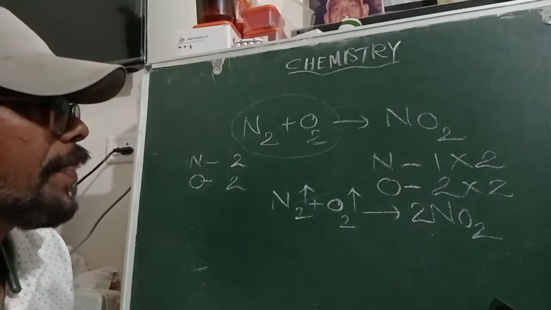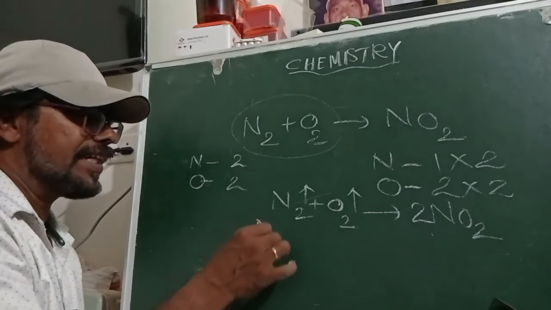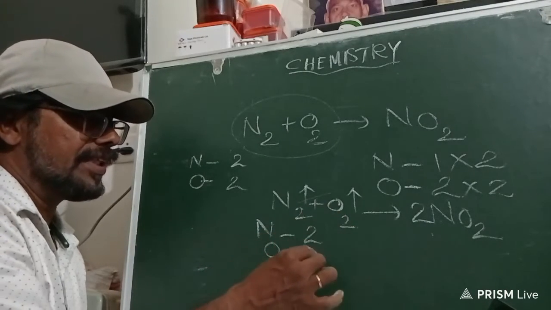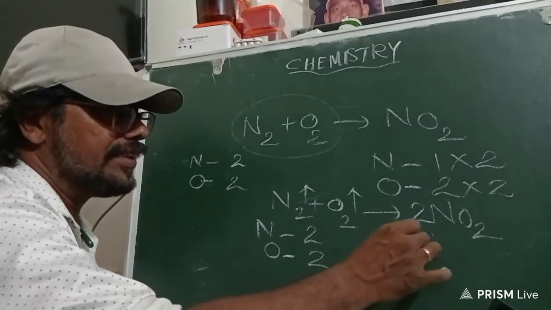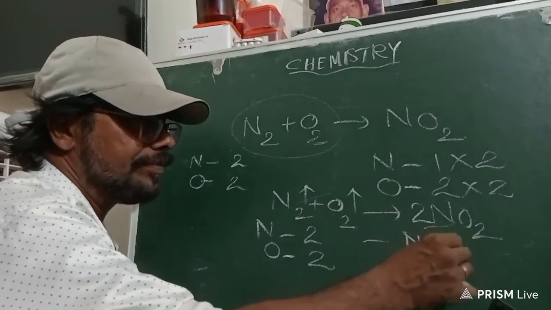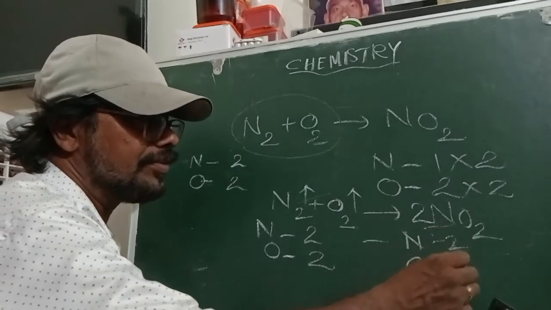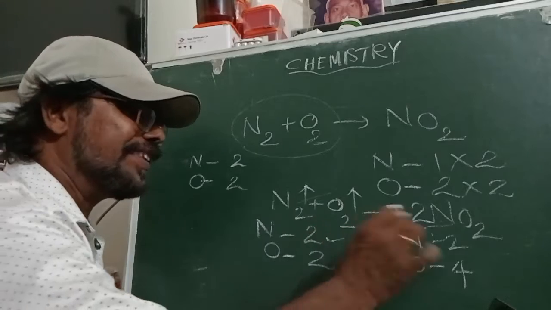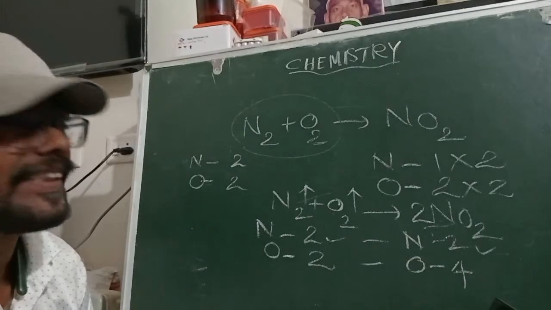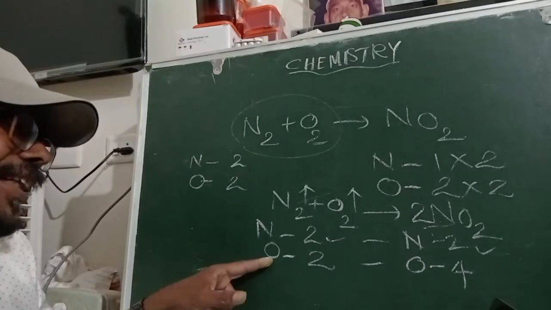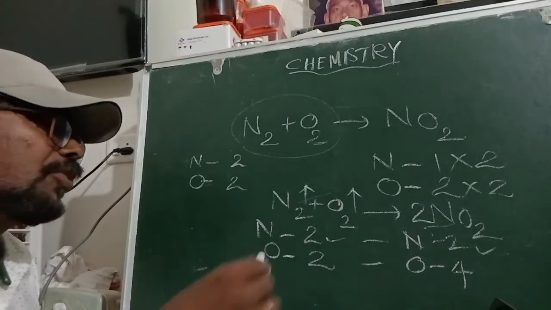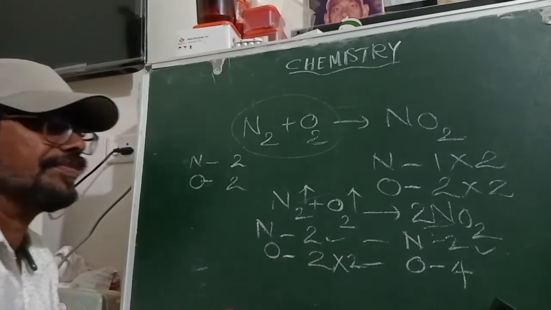Now here nitrogen atoms are 2 and oxygen atoms are 2. In the product nitrogen atoms are 2 and oxygen atoms are 2 twos are 4. Now nitrogen is balanced. We have to balance the oxygen. The number of oxygen atoms is 2 in the reactants and 4 in the products. So we have to multiply with 2.